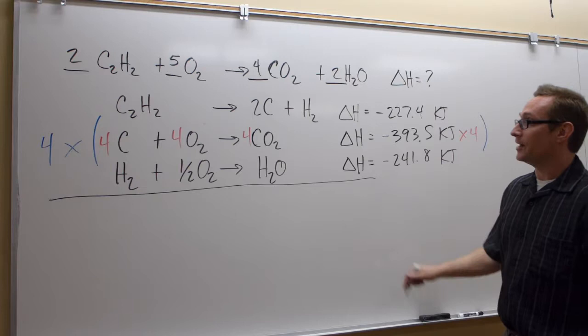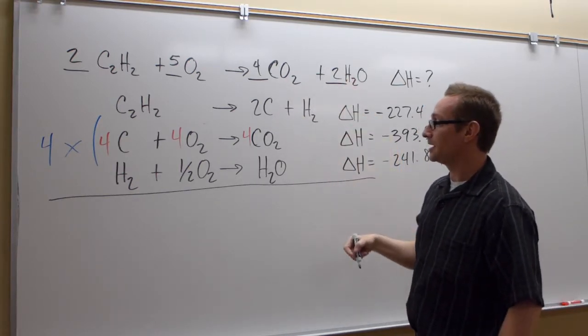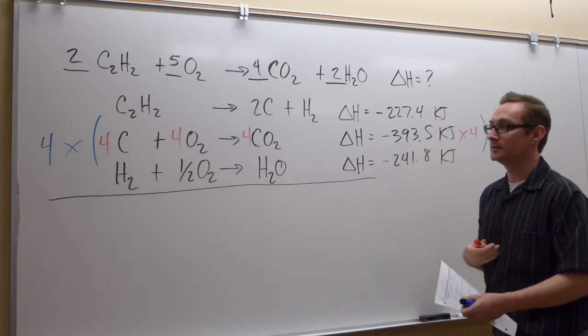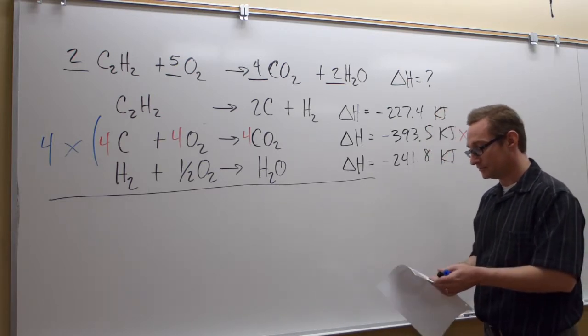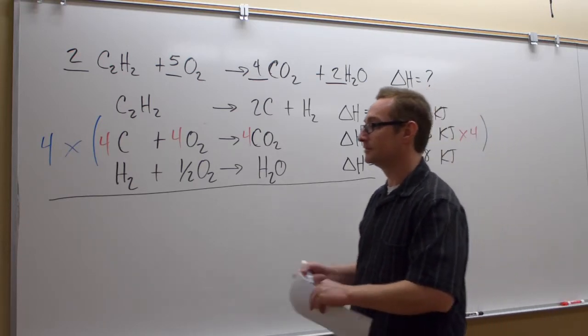So we have 4. We have our 4 here. Can we get our 2 somehow? We can, right? So what about multiplying the bottom reaction by 2?